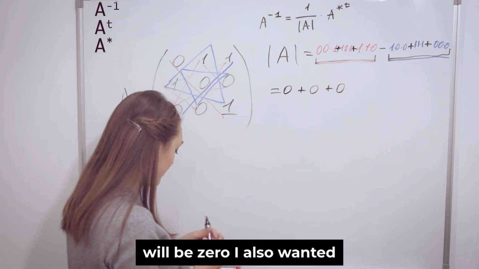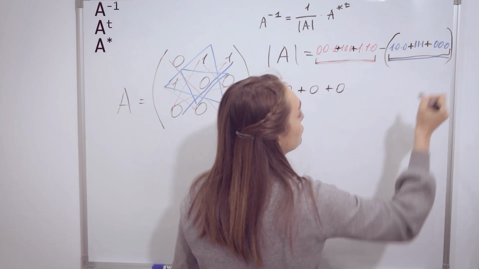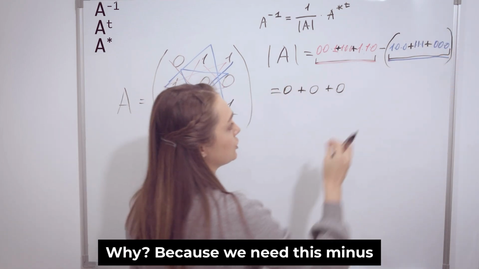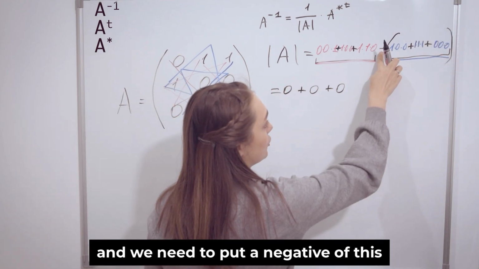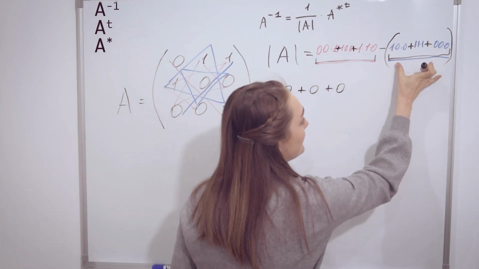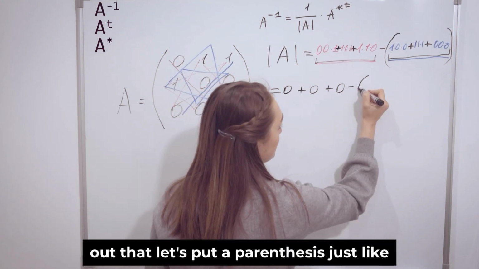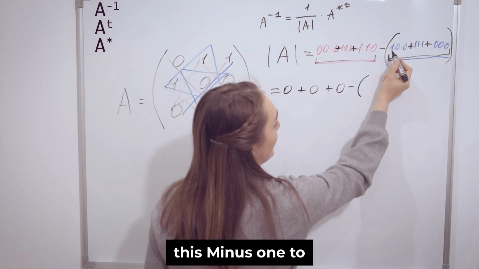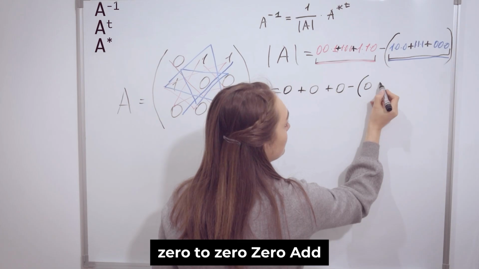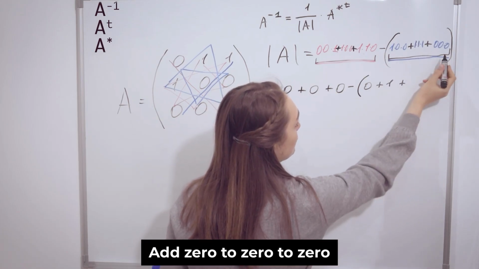be 0. I also wanted to say here you can put such a large parenthesis. Why? Because we need this minus, and we need to put a negative of this entire amount. It turns out that let's put a parenthesis just like this. Minus 1 by 0 by 0, 0. Add 1 by 1, alone. Add 0 by 0 by 0, 0.